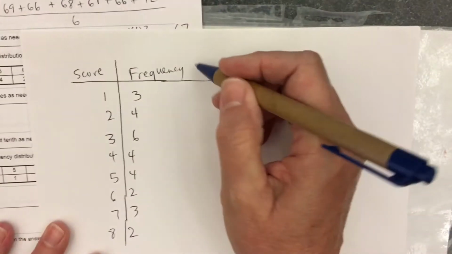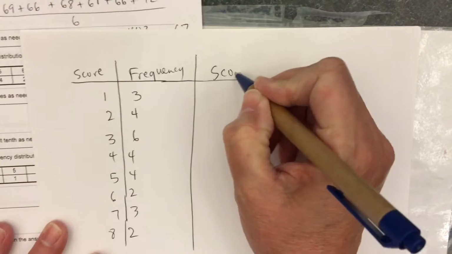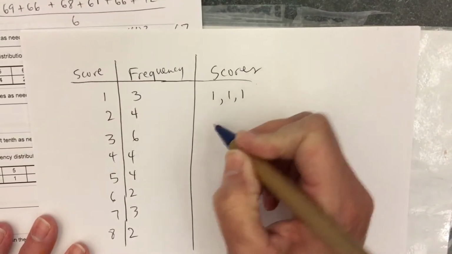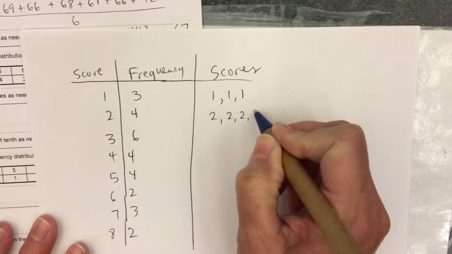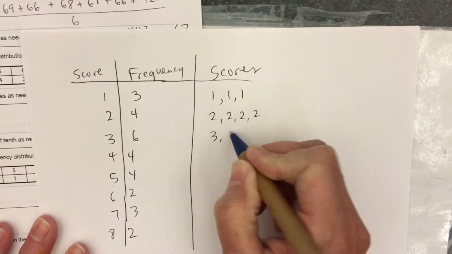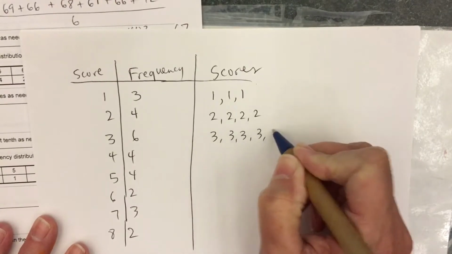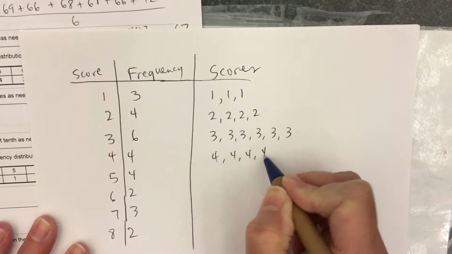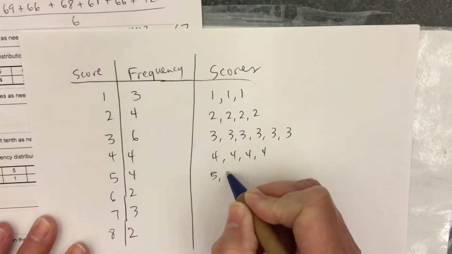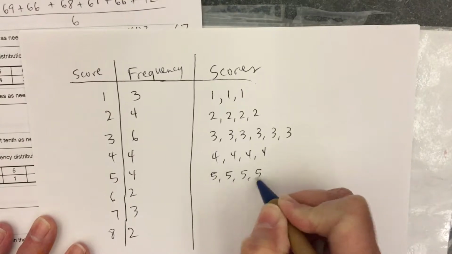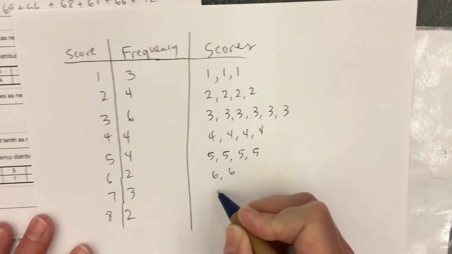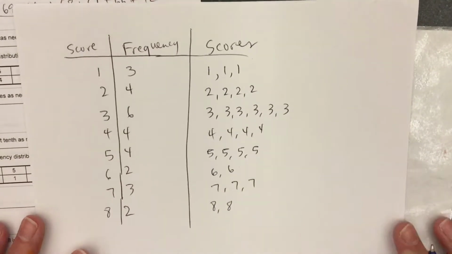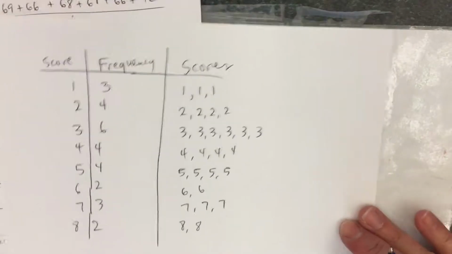From here, we could write out the scores. 1 occurs 3 times. 2 occurs 4 times. 3 occurs 6 times. 4 is 4 times. 5, 4 times. 6 is twice. 7 is 3 times. 8 is twice. So then I have all the scores written out.